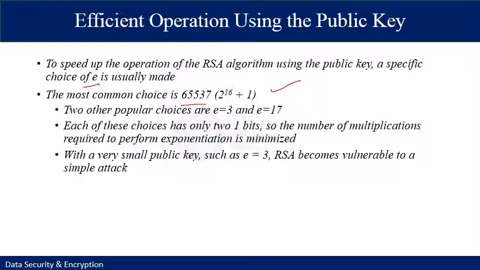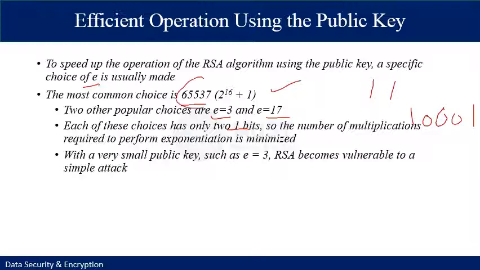The two other popular choices for E are E equal to 3, which is equal to 2 raised to power 1 plus 1, and E equal to 17, which is equal to 2 raised to power 4 plus 1. Each of these choices has only two 1 bits. For example, 3 has only 1 1, and in the case of 17 you get 1 0 0 0 1.